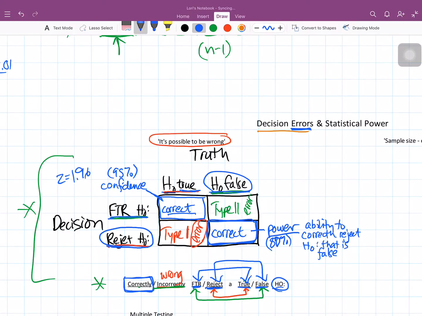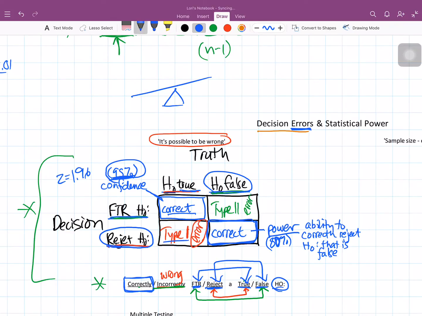Theoretically, we could do even more than that, but it's a trade-off because sample size, power, and confidence are in flux. It's like a seesaw or a teeter-totter. If power goes up, then confidence ends up going down. A lot of times people will say, we definitely don't want to make a type 1 error. That's really bad.